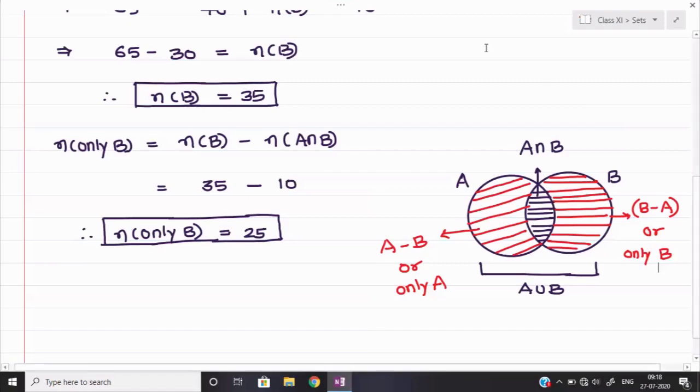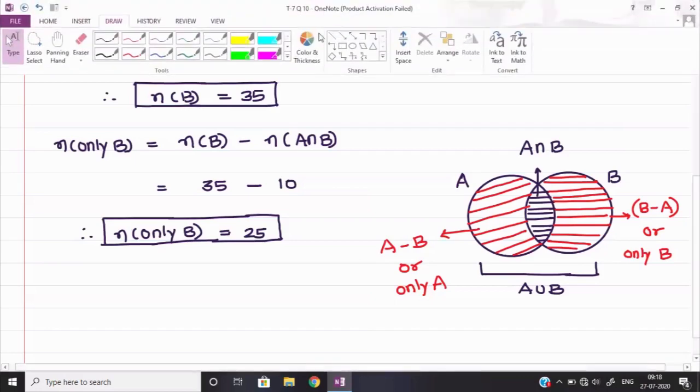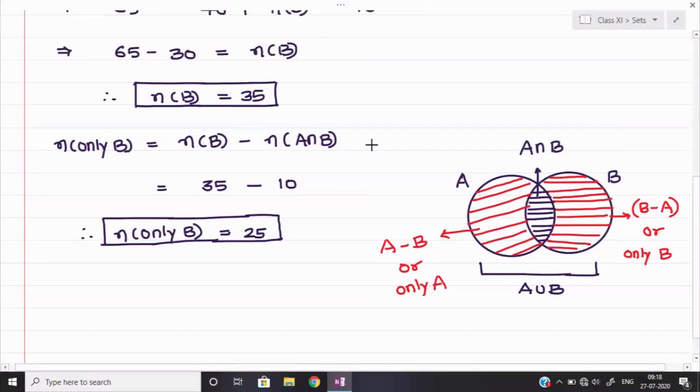And see, if I take one universal set here just for reference, I will rub it afterwards.